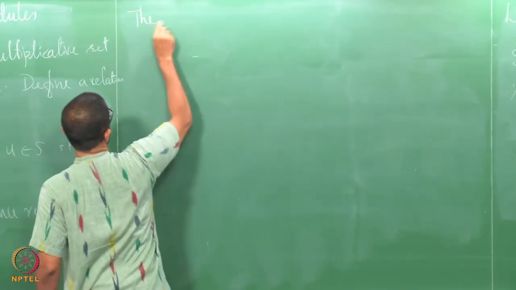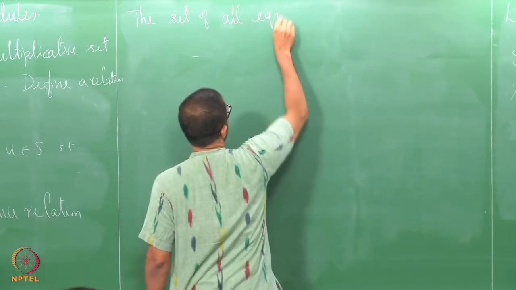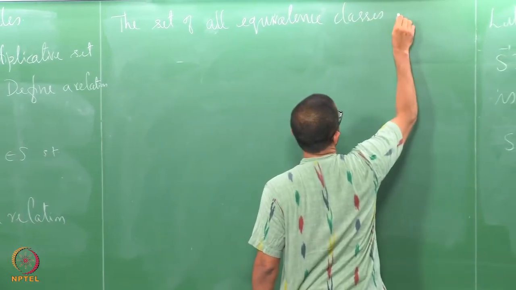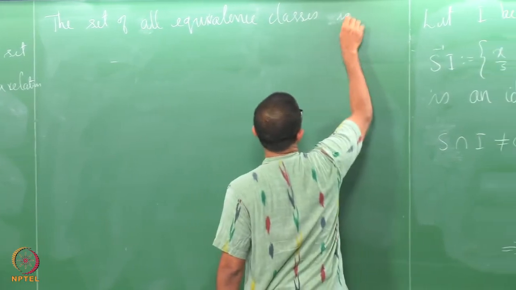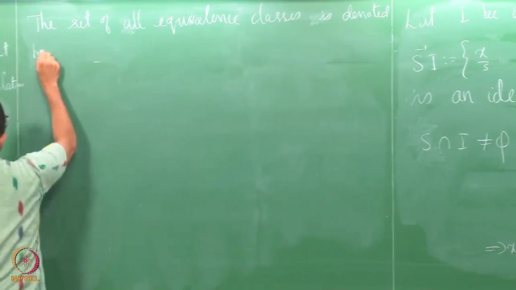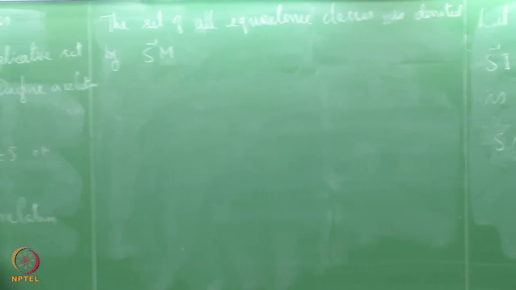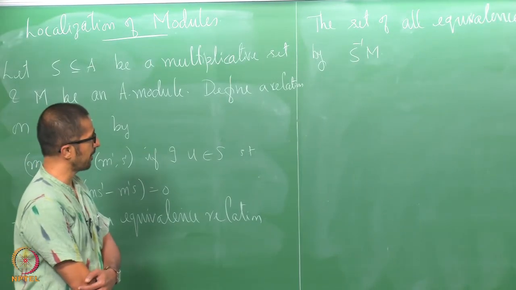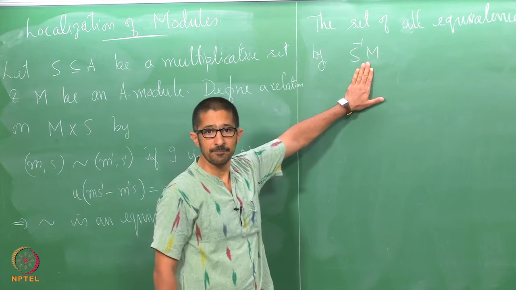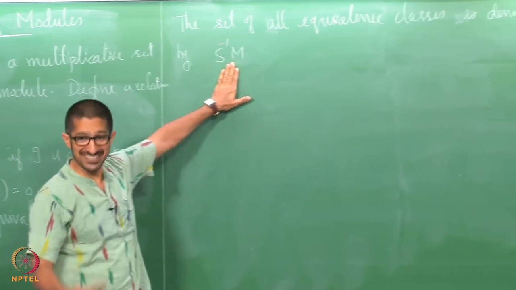The set of all equivalence classes is denoted by S inverse M naturally, and what do we want to say next? We want to say this is an S inverse A module, right.